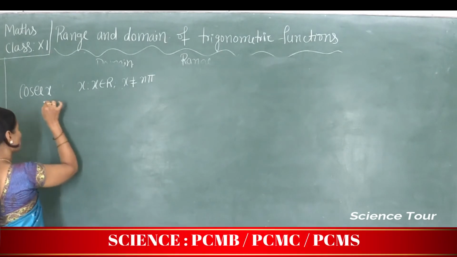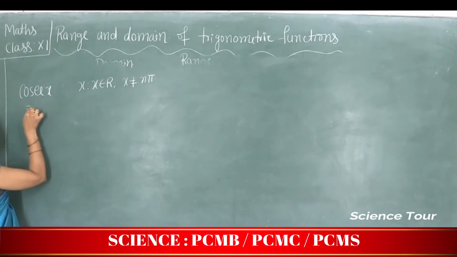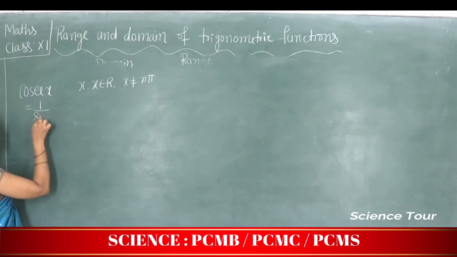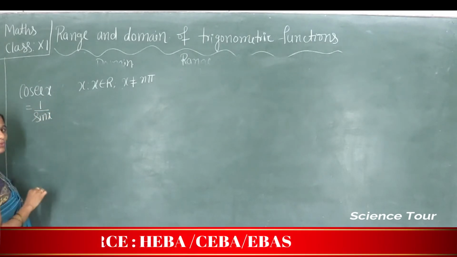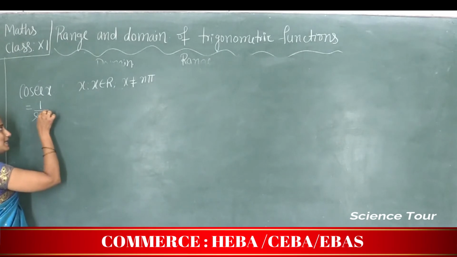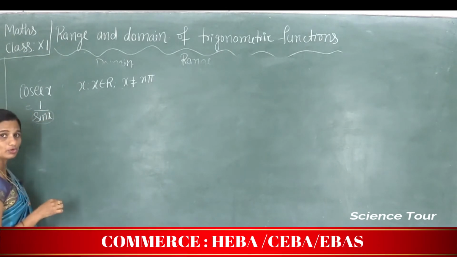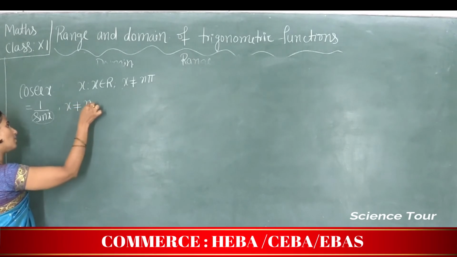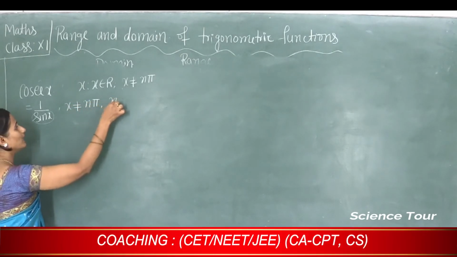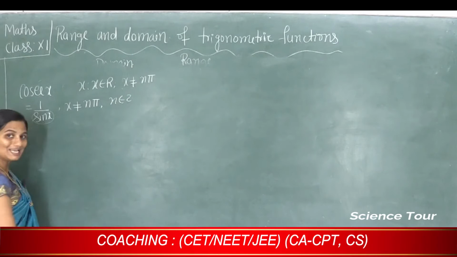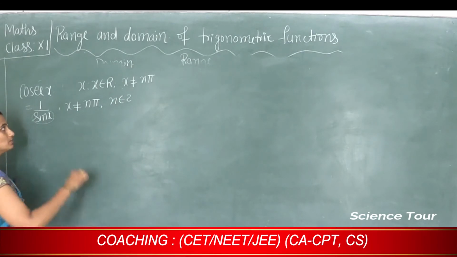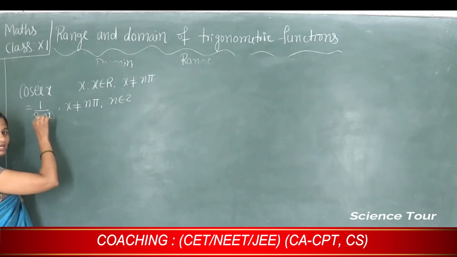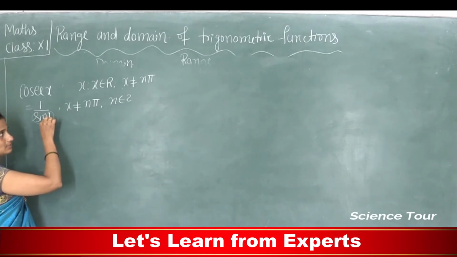Why is it so? Because you know cosecant is 1 by sine x. So sine x should not be equal to 0. Where is it not equal to 0? x is not equal to n pi, where n belongs to Z, that is, integers. You know this definition, it is there in your formula list.